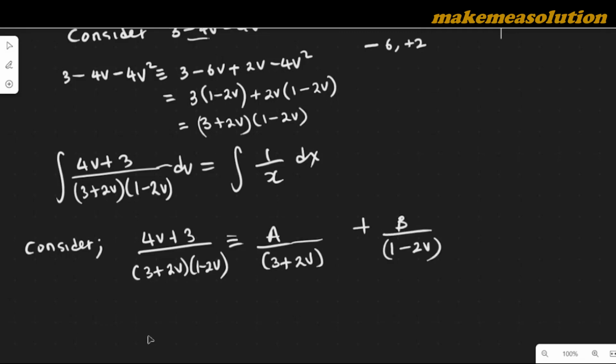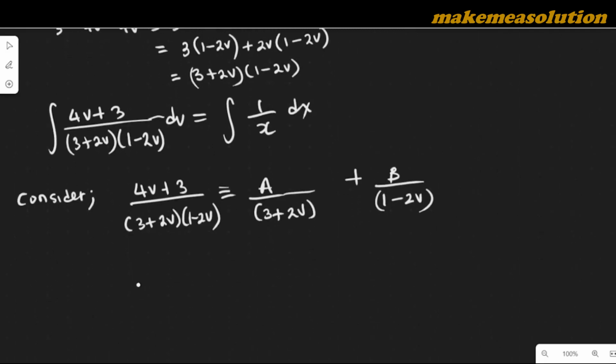If that is what you have, of course, let's find A as the limiting value. Then, sorry, not x this time around. V should tend to what? So you're now going to ask yourself, what is going to make this particular term 0? That's 3 plus 2v equals 0. To make it 0, of course, v should be negative 3 over 2, right?